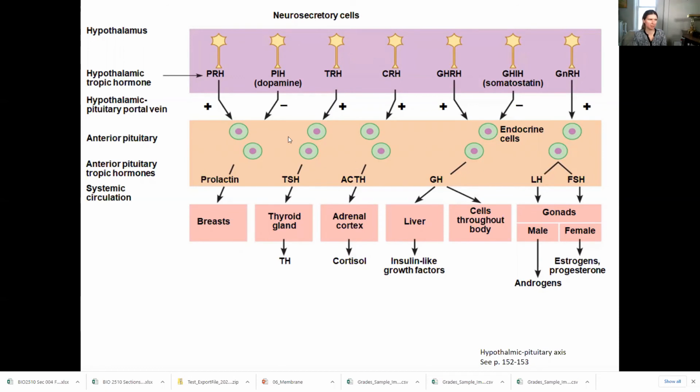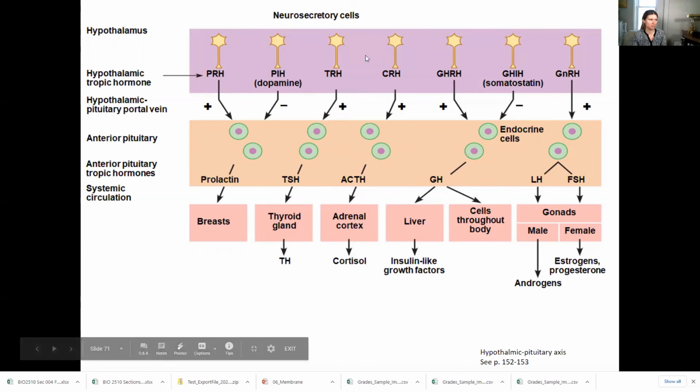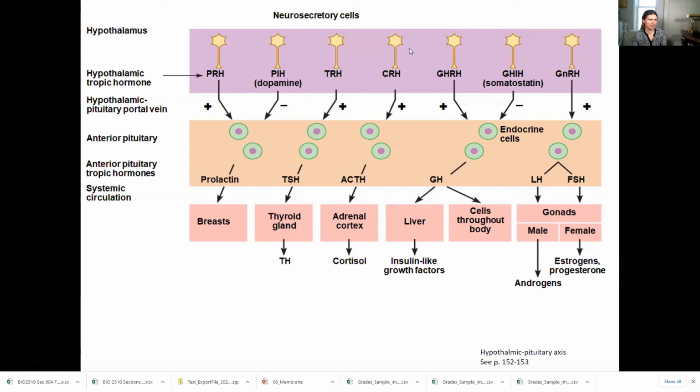That's because we went through the thyroid gland separately and the adrenal cortex separately. We haven't really gone through any of these other systems yet. We'll get to them when we do reproductive stuff. So while this chart is overwhelming, just focus on these two.